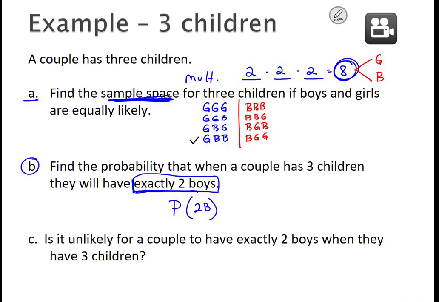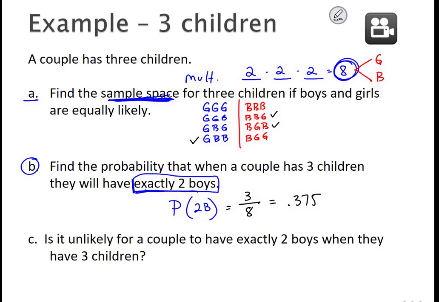On the right-hand side we have 2 options, boy, boy, girl, and boy, girl, boy. Remember, we don't use the 3 boys because it has to be only 2 boys. So we ended up with 3 outcomes out of the 8 possibilities, and that would be the probability. Now, if we wanted to turn this into a decimal, 3 divided by 8 would give us 0.375.